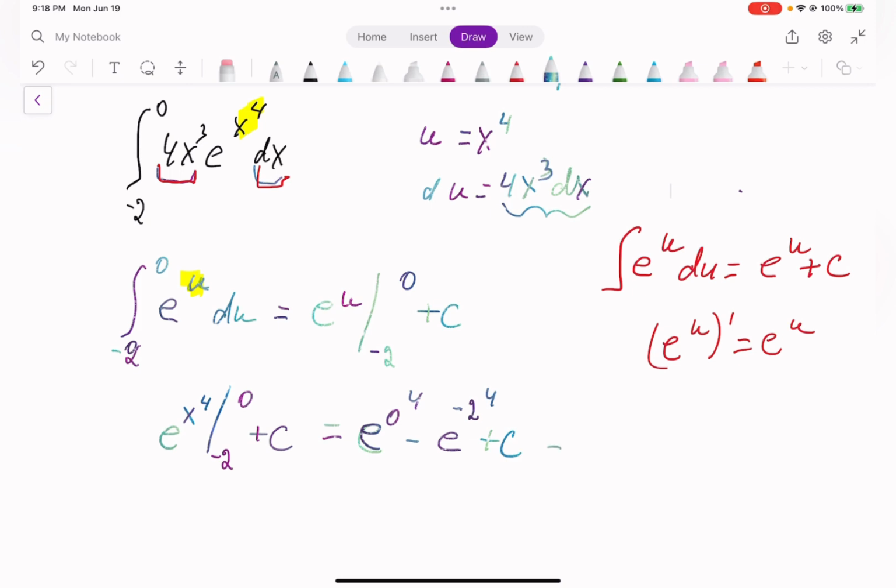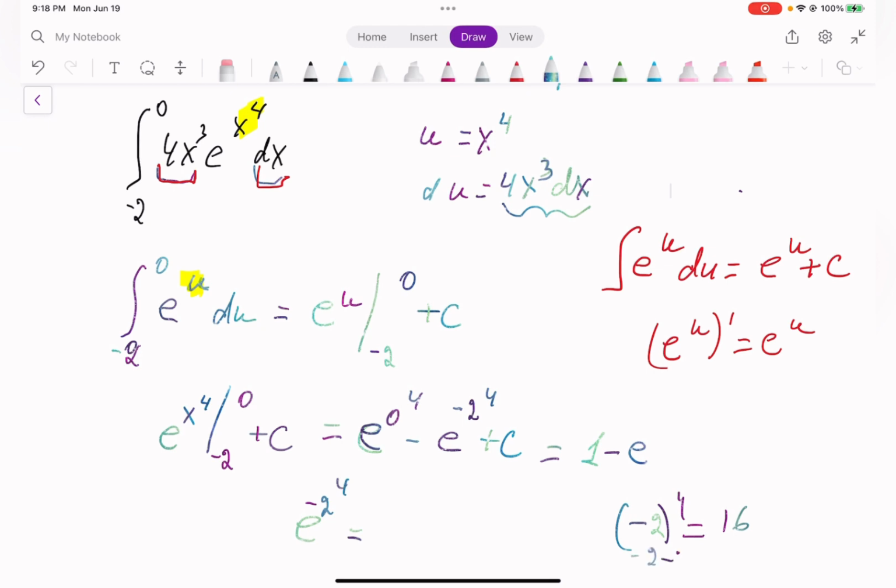So what do we get? e to the power 0, that is to the power 4, it's going to be 1. Now minus e to the power negative 2 to the power 4. We usually multiply powers, but in this case e to the power negative 2, that is to the power 4, it's going to be indeed negative 2 to the power 4, which is going to be positive 16, right?